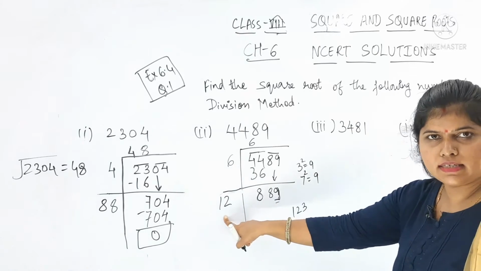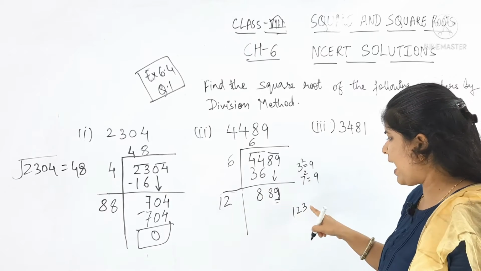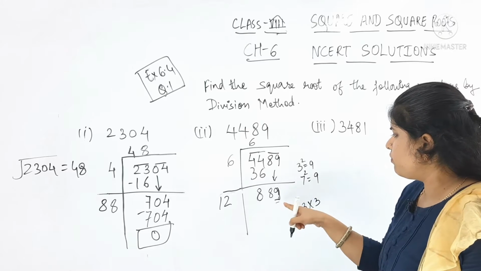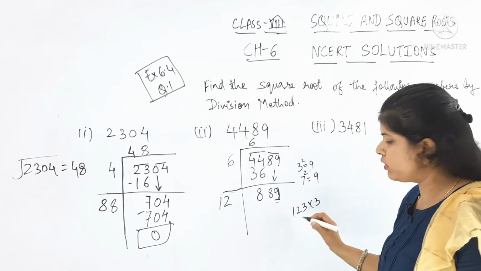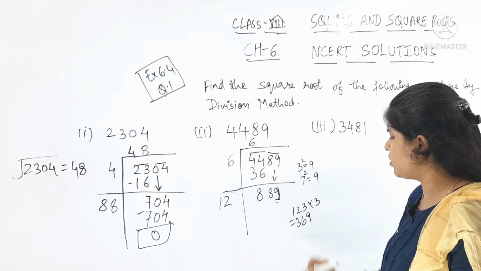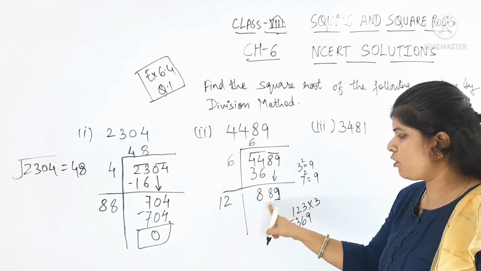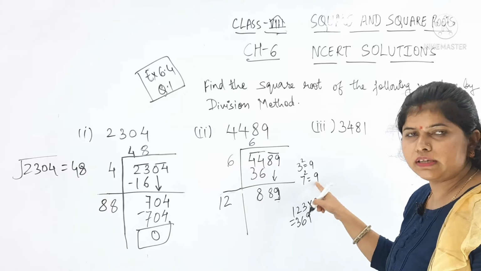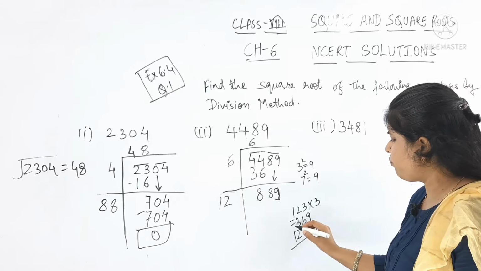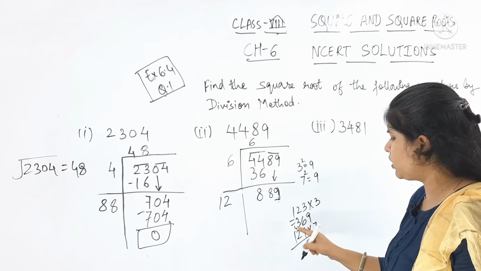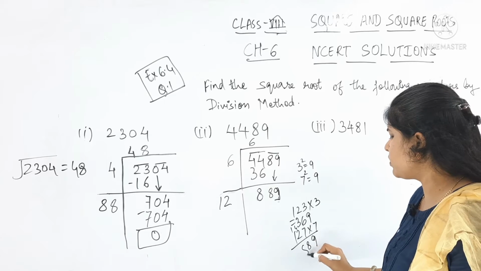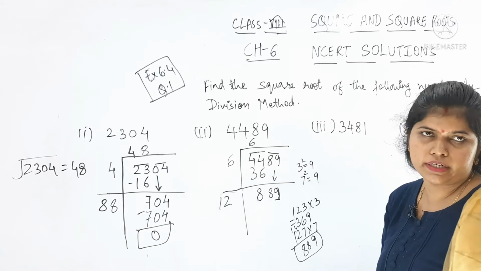This will be as it is, and here you should add 3 and multiply with the same number so that we get this in the units place. 3 3s are 9, 3 2s are 6, 3 1s are 3, so it is 369. This will not be the answer. Now we will check for 7, 127 into 7. 7 sevens are 49, 7 twos are 14, 14 plus 4 is 18, 7 plus 1 is 8. So I am getting the answer 889 here.